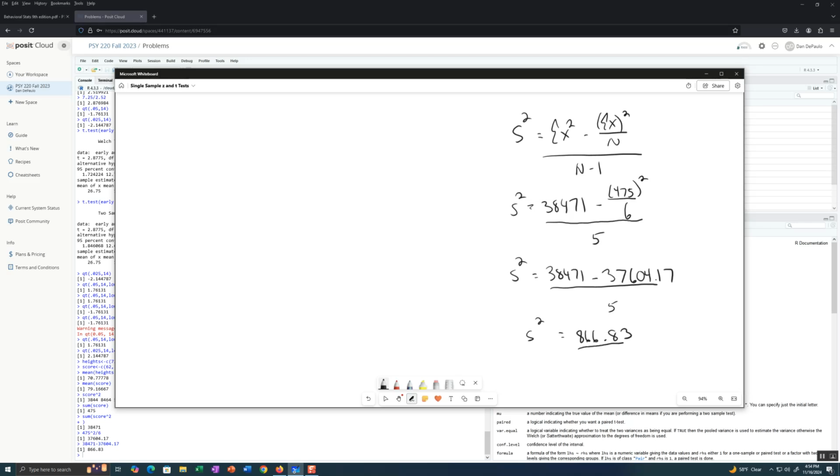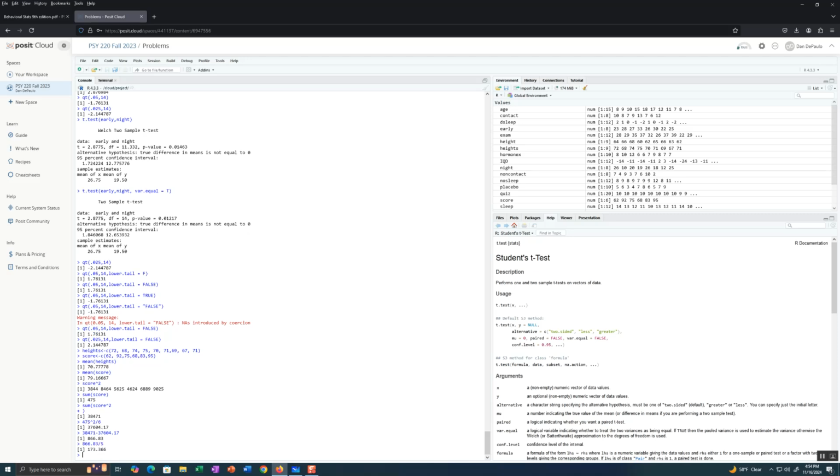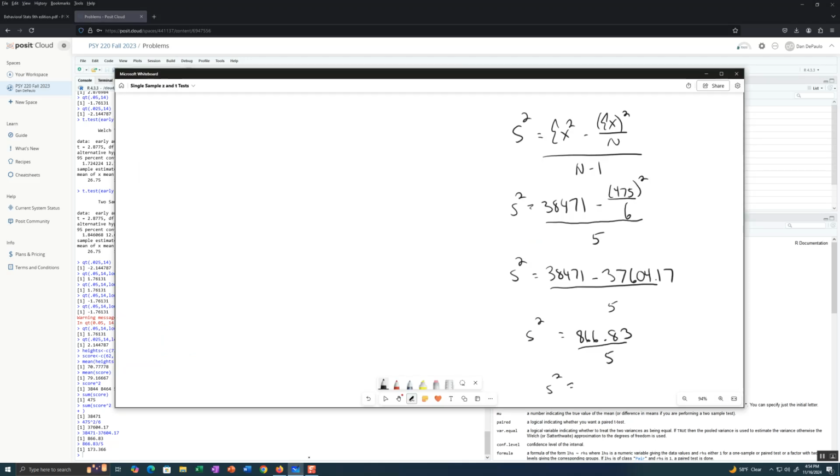This is over 5. 866.83 divided by 5 is 173.37. There might be some rounding depending on how you rounded it. Rounding error, not an issue. That's our variance.